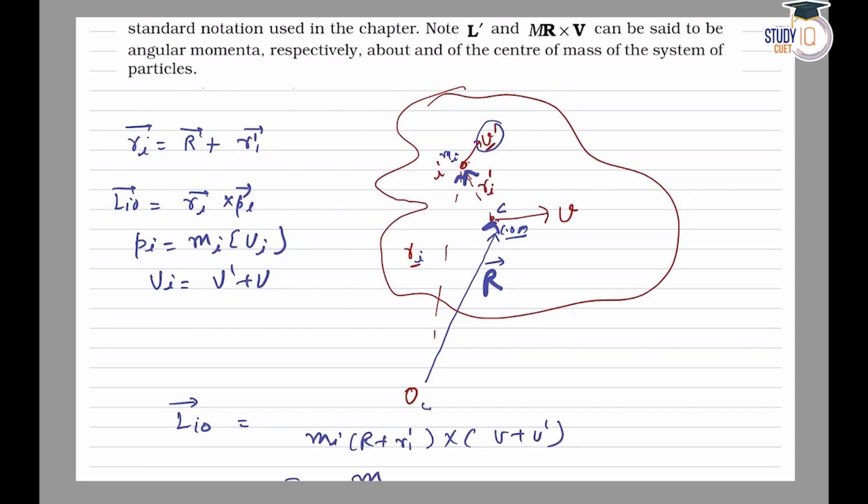So this can be resolved, multiplying each term with Mi: the first term is Mi into R cross V, the second term Mi into R cross V prime, the third term Mi into Ri prime cross V, and the fourth Mi into Ri prime cross V prime.